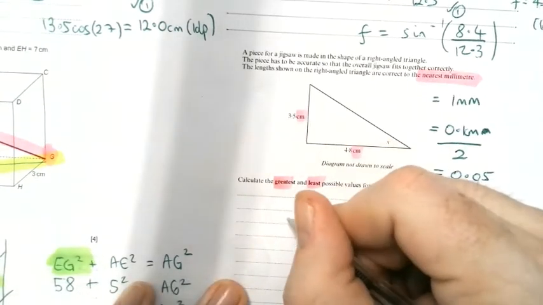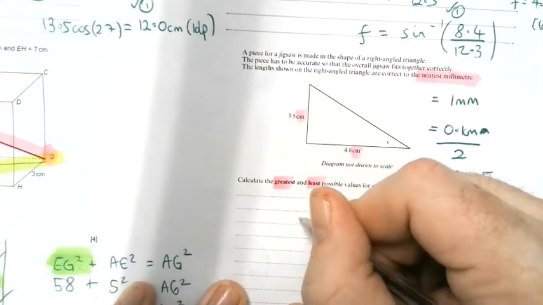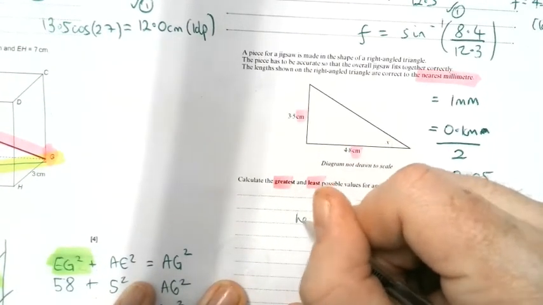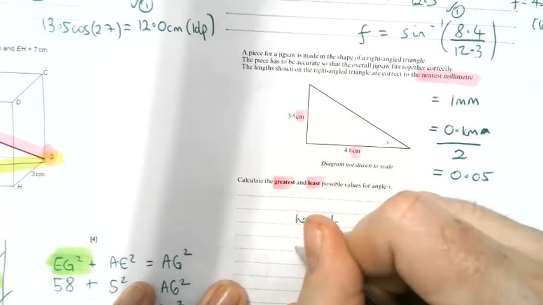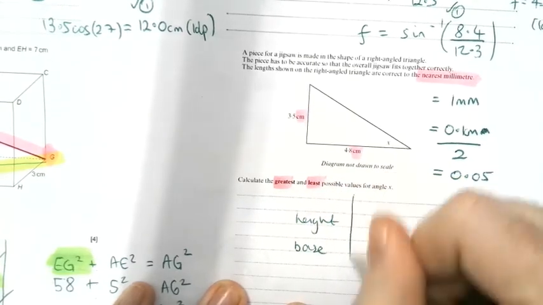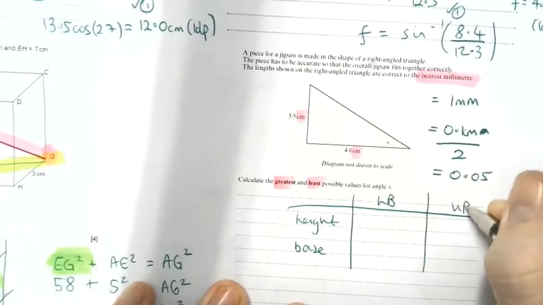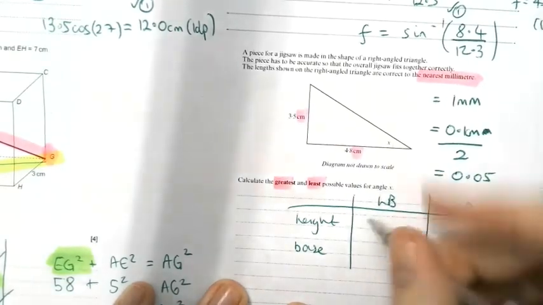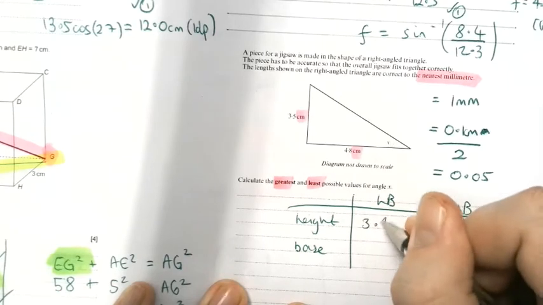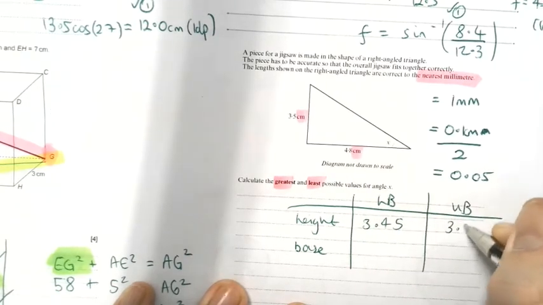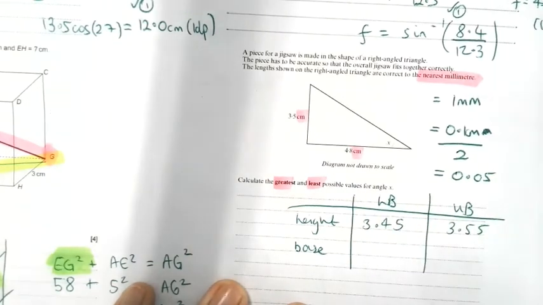Now from here, we're then looking at the, we'll call it what, the base and the height. Height, base, lower bound, upper bound. Okay, Ben's already told me the height. He said it's 3.45 or 3.55. Anyone comfortable to explain how Ben got that? Who's not Ben?